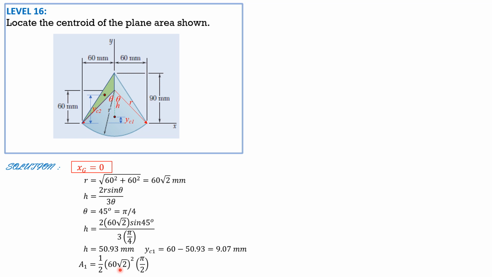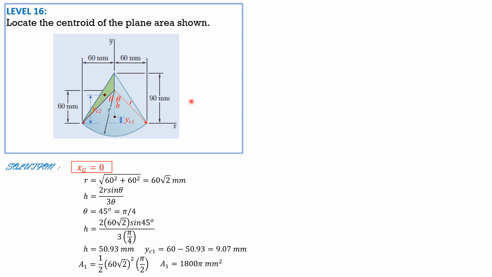The other way, it is r squared, 60 square root of 2 squared, times theta, where theta is pi over 2 divided by 2, so pi over 4, which is the same. Or the general formula is 1/2 r squared times the total central angle, pi over 2, and it is equal to 1800 pi mm squared.